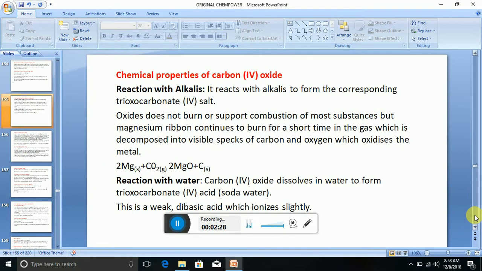Chemical properties of carbon (IV) oxide. Reaction with alkalis.